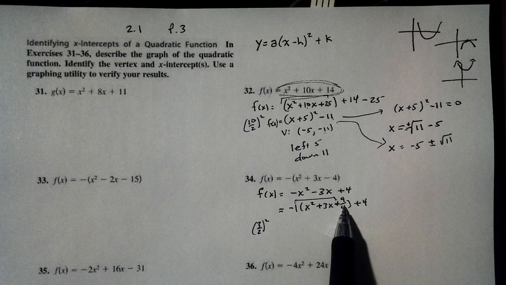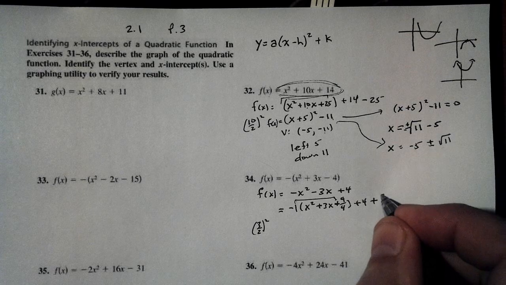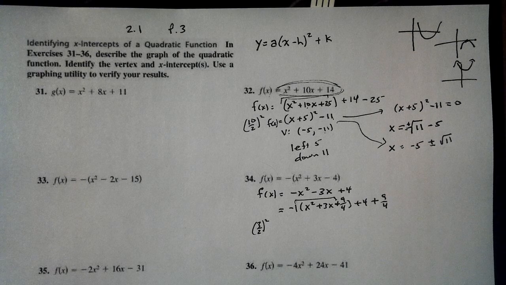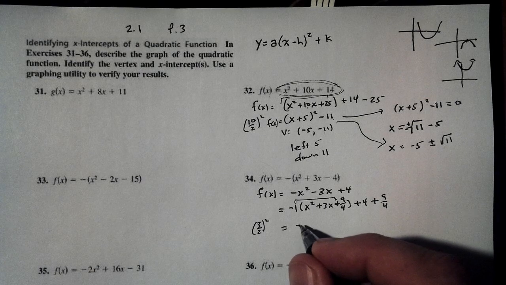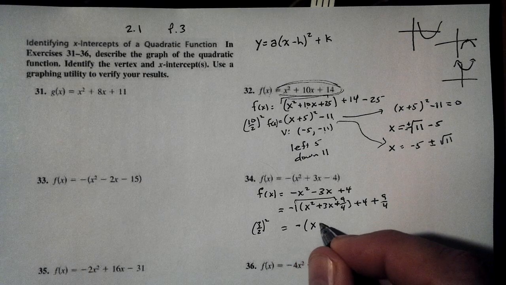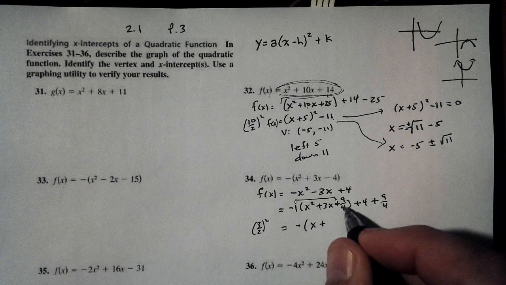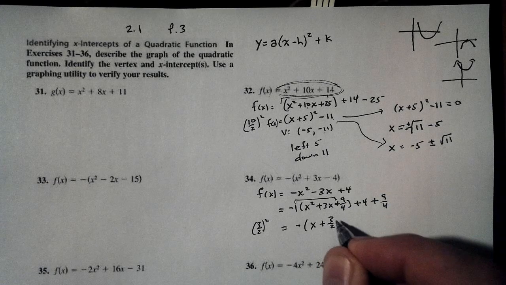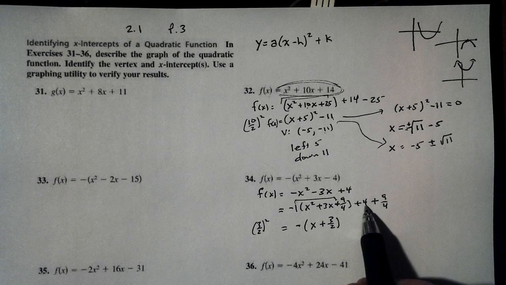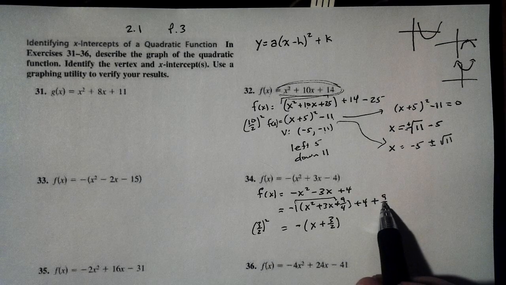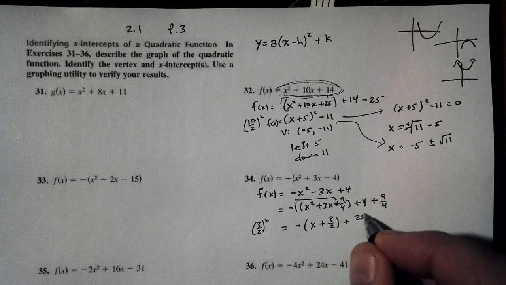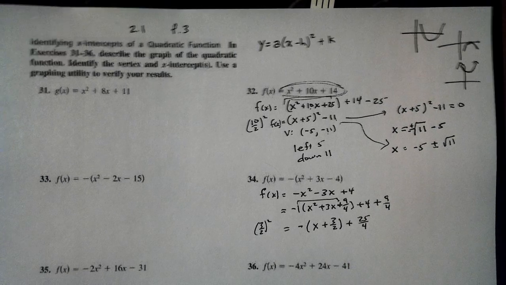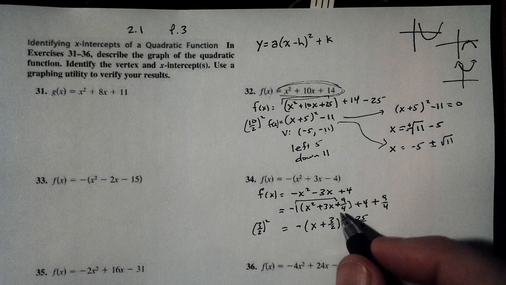When I distribute, that's a minus 9/4, so I need to add 9/4 here. So I get negative x plus square root of 9/4, 3/2, squared, and let's see, that's 16/4 right here, plus 9/4, 25/4. Not the prettiest.